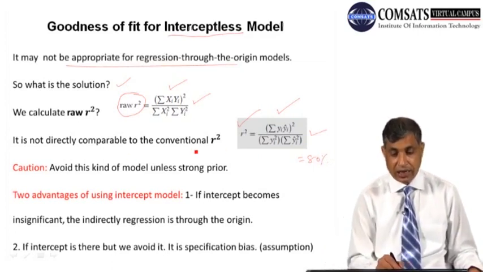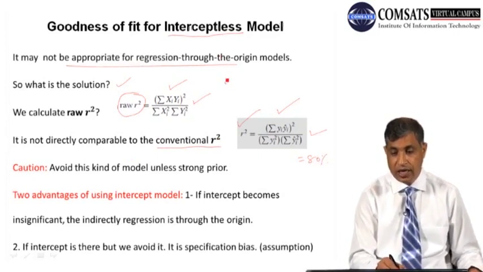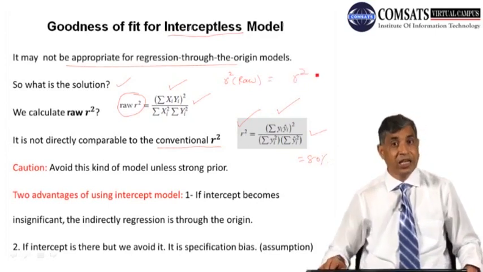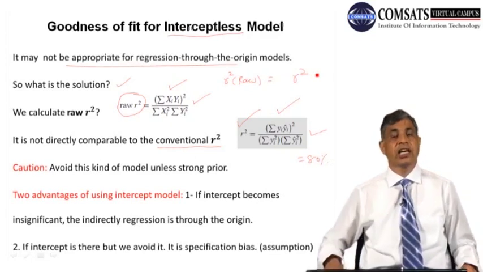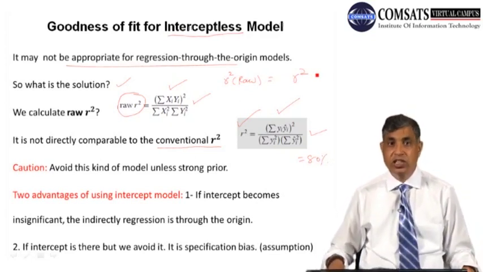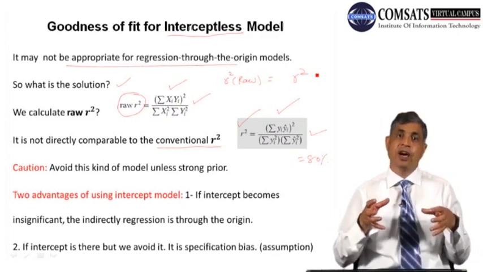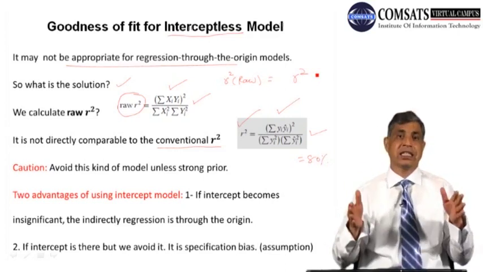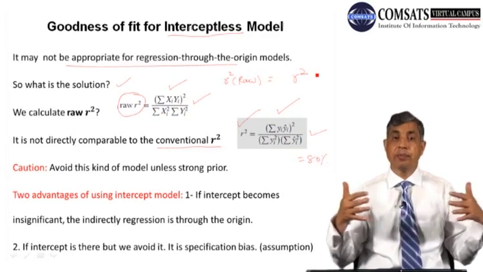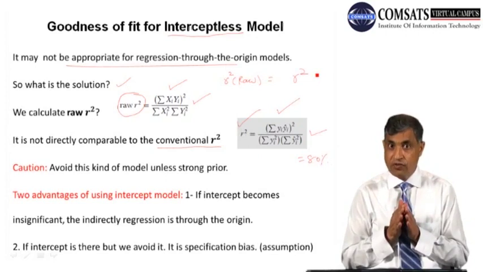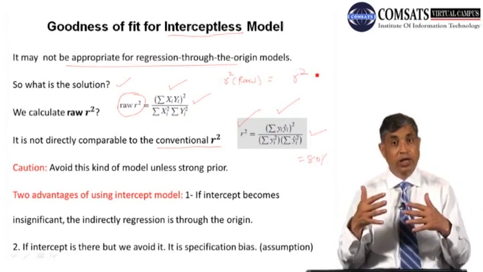The other thing is that the raw R square and the traditional R square are not comparable. Why not comparable? You can immediately check that the formulas for both are now different. When the bases on which we derive the formulas are not matching each other, their comparability becomes questionable. So we should be very careful when comparing two R squares.